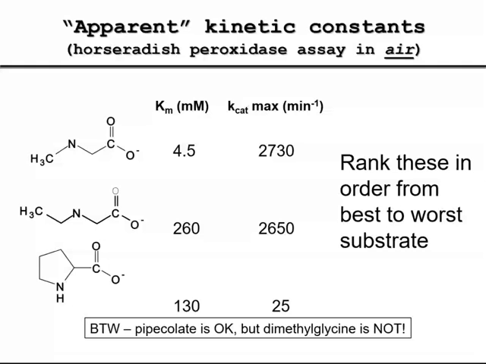Now, let's consider another factor. So Kcat max. This is essentially the maximum turnover number. This is K2.